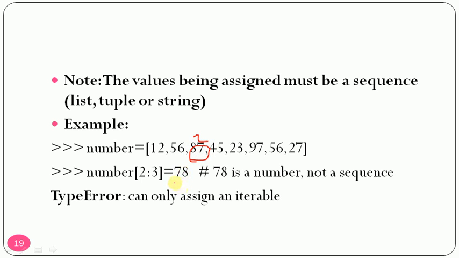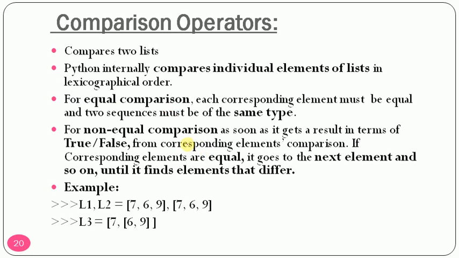That is what we need. I have given the statement like this: num[2:3] = 78. But this will generate a type error because the value being assigned must be a sequence. That means you can assign a list, tuple or string, not an integer. So you can't do it in that way.